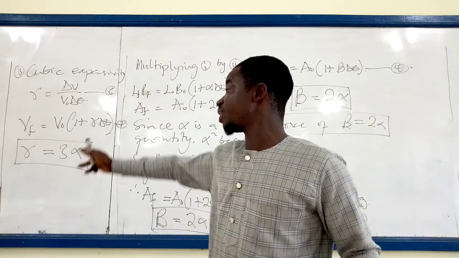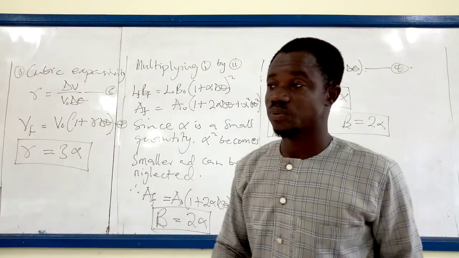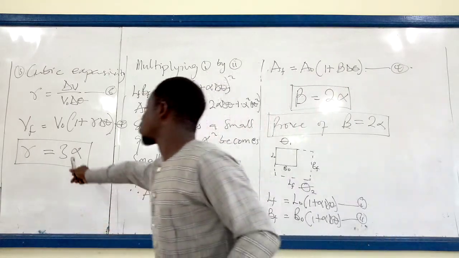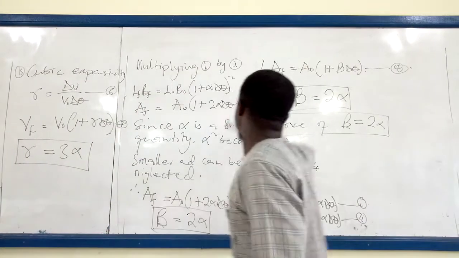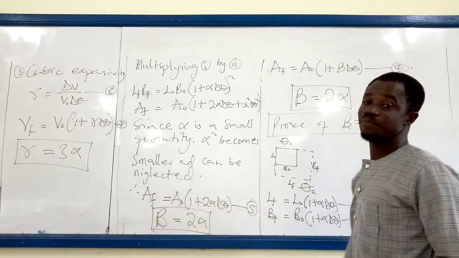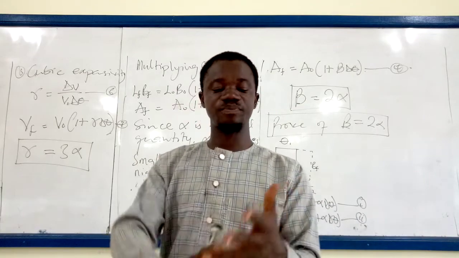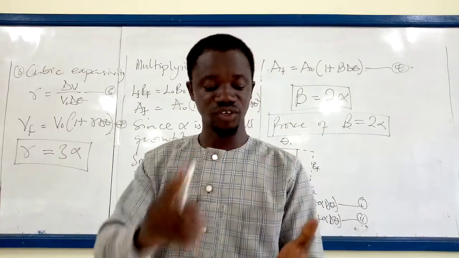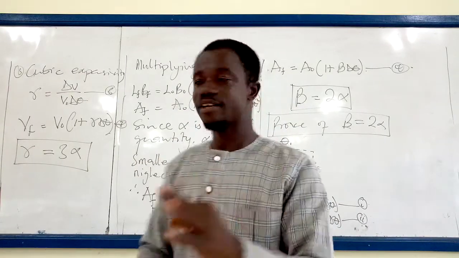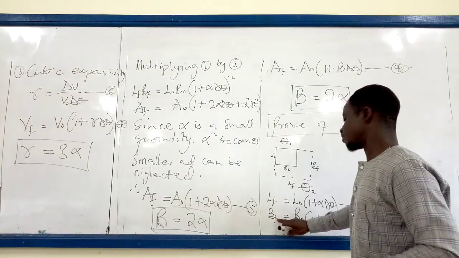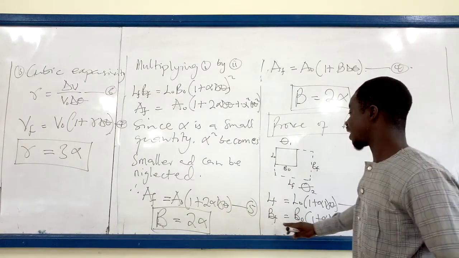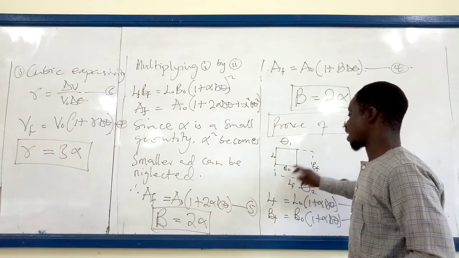In fact, it has even been a WAEC question before. When you're asked to prove it, just like I did for this, you go to the same principle. Remember that volume is length times breadth times height. Area is length times breadth. So the only thing that is going to be added is length, breadth, and height.